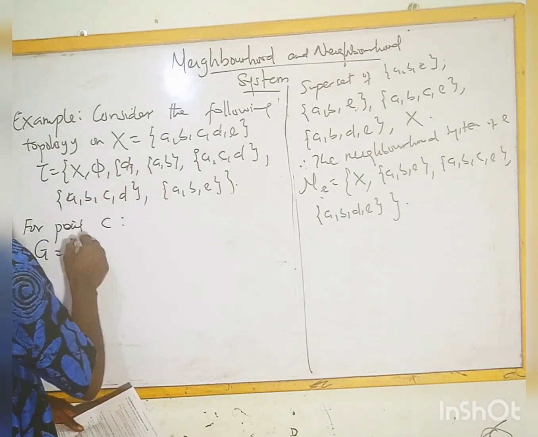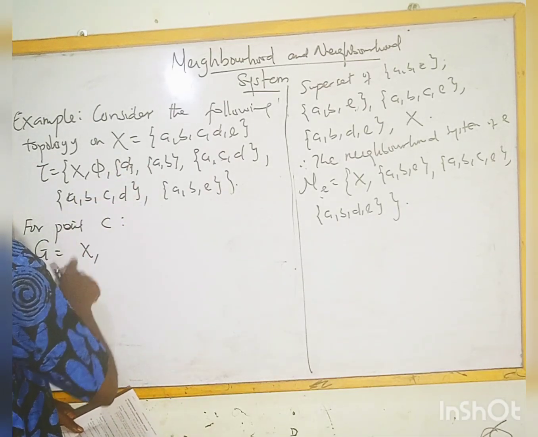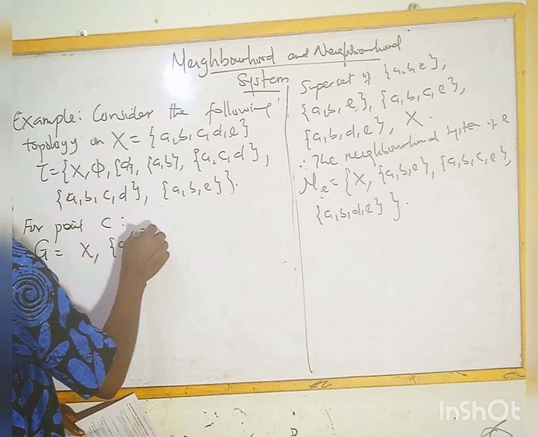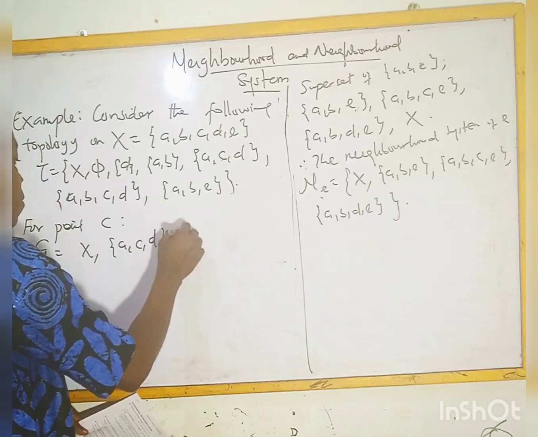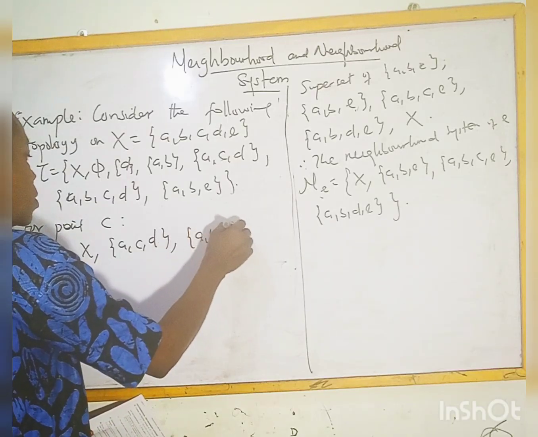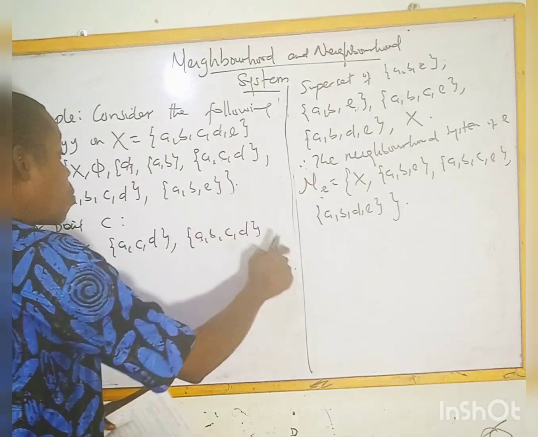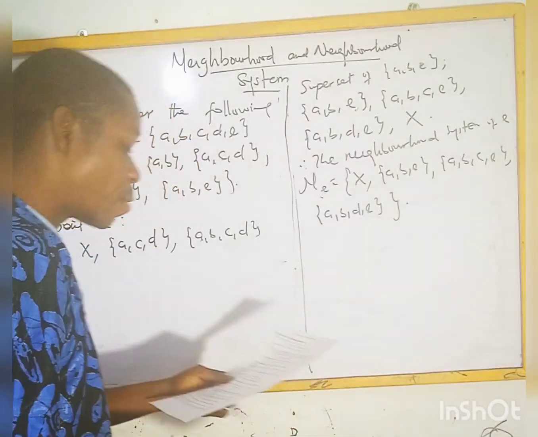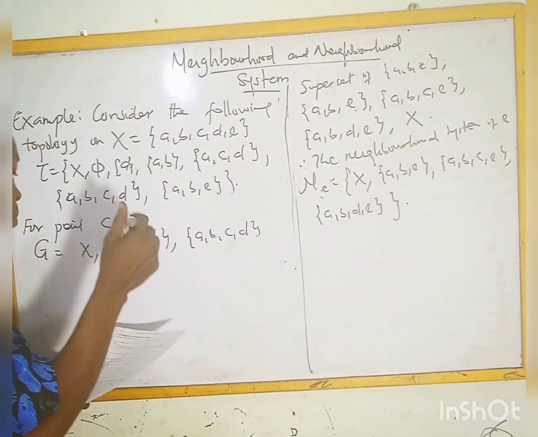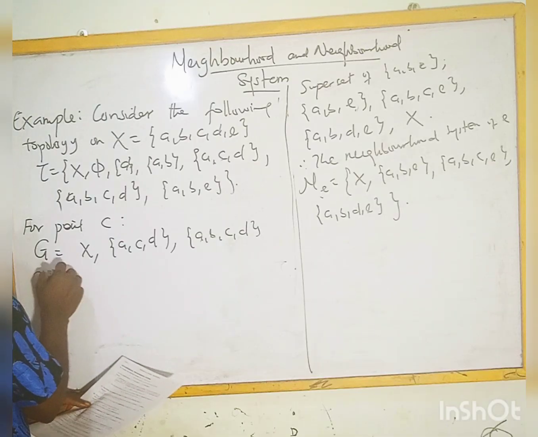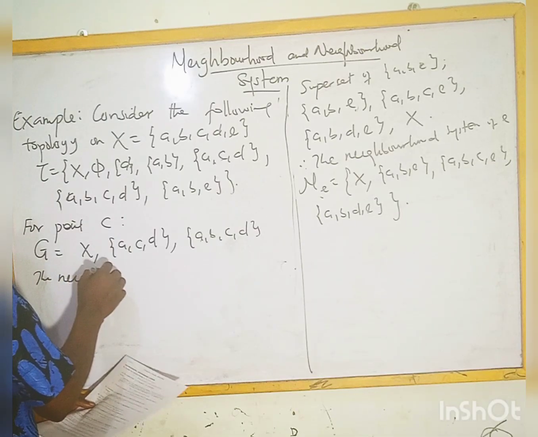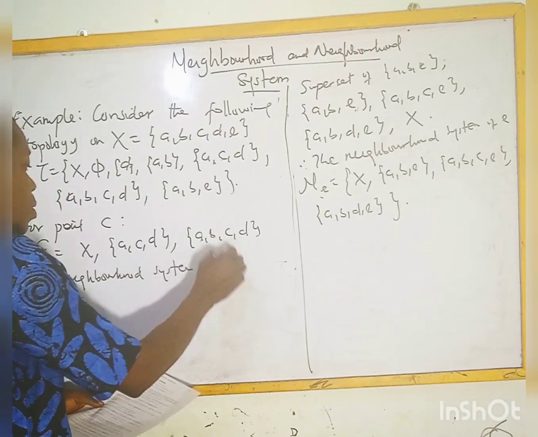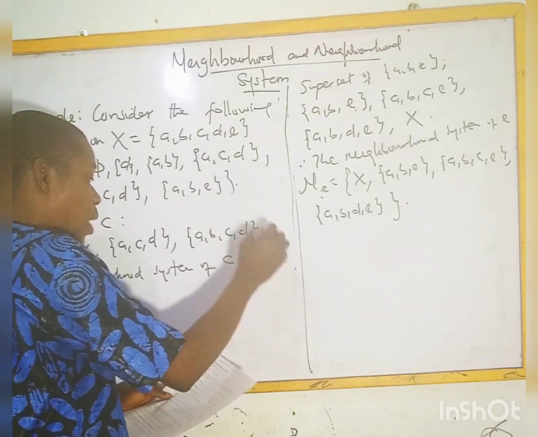We have X, the open set that contains C. Then we have A, C, D, and A, B, C, D. Those are the open sets that contain C. Therefore, the neighborhood system of C is the following.